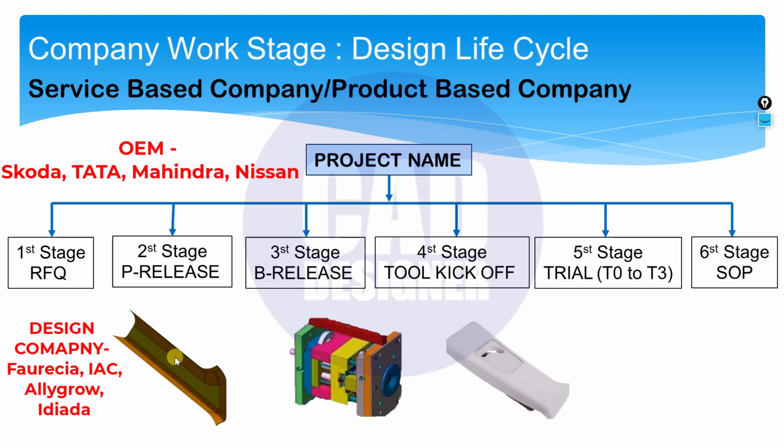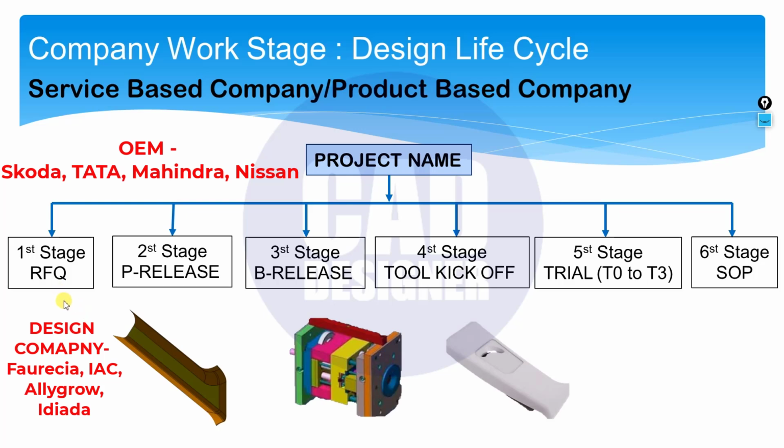There are also two or three different design proposals included in that technical presentation. Then all these technical presentations by these three companies are shared with the Skoda OEM. Then Skoda accepts whoever gives the good proposal, good timeline, good costing, and a good design proposal. Based on that, that design company wins the project.